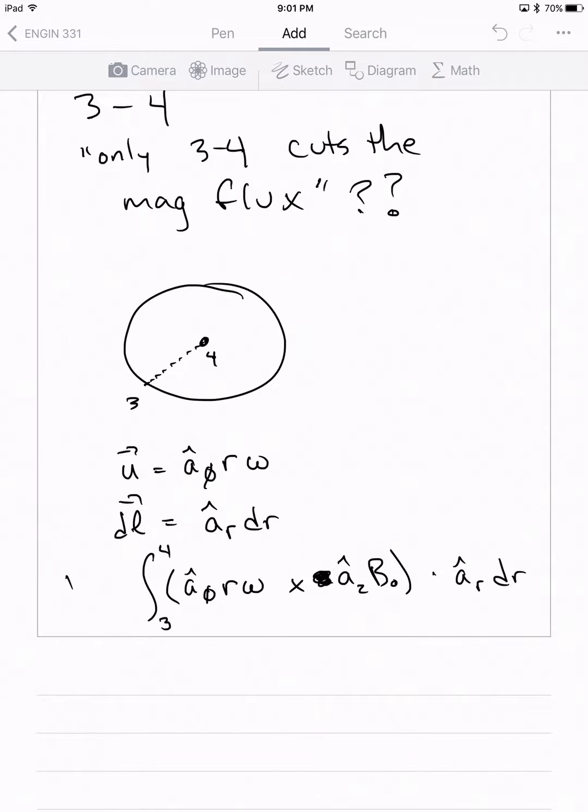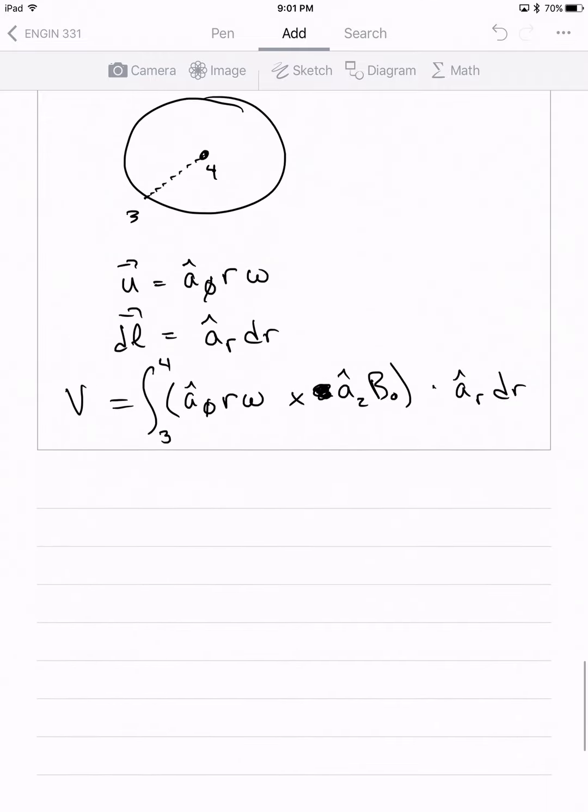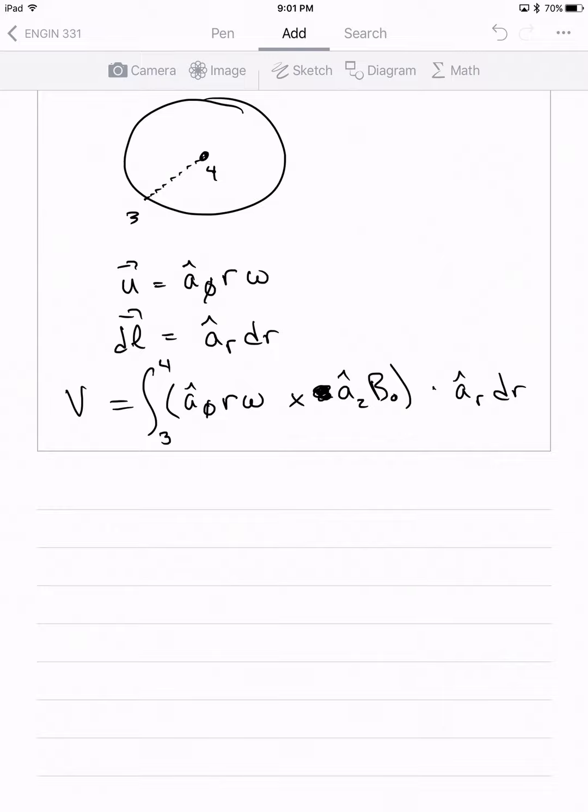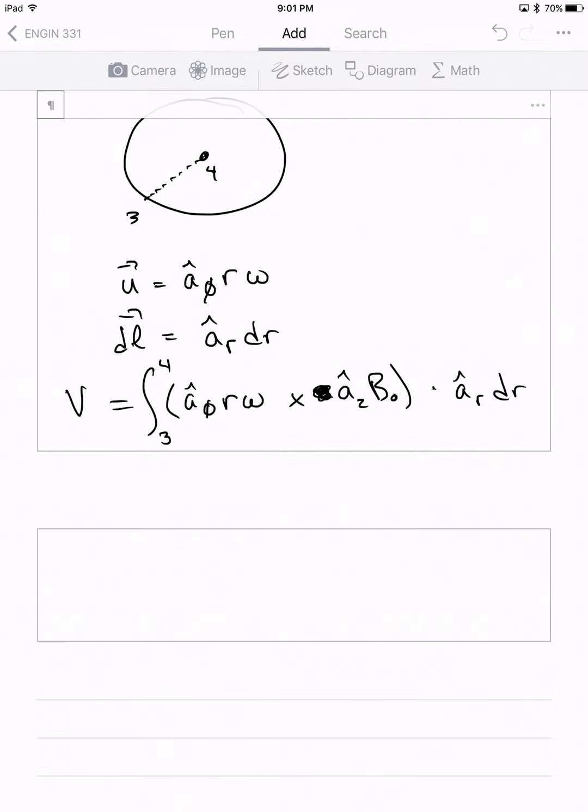And that's going to give us our voltage, our induced EMF. Now, let's do this out. It's not that bad. This is an integral with respect to r, and we are traveling from r equals b to r equals 0. The cross product a hat phi cross a hat z is just going to be equal to a hat r. And then a hat r dot a hat r is going to give us 1.